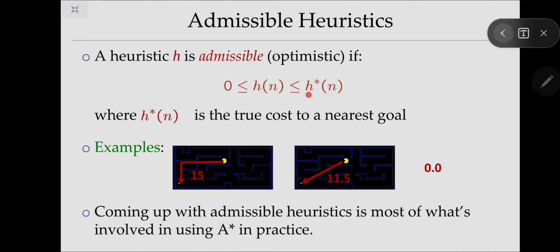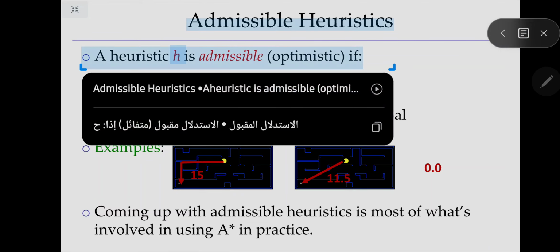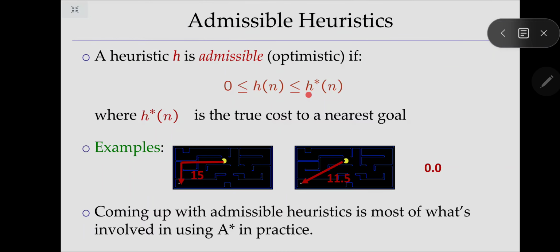In reality, when we are inside a state, we just have access to the backward cost, because backward cost is calculated as the summation of the cost from the starting node to the current node. But for the distance between the current node and the target node, we have no sense.